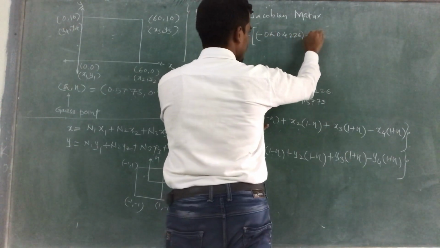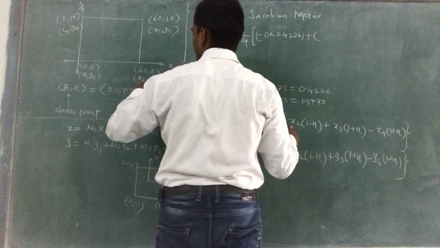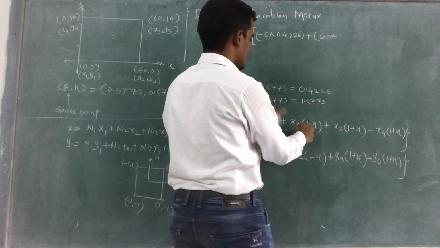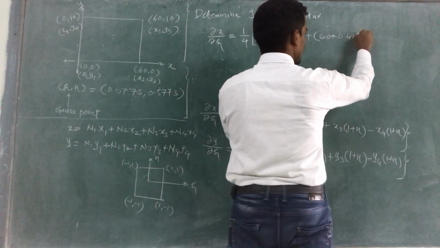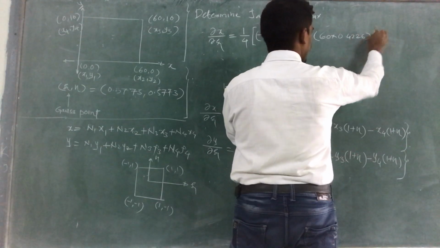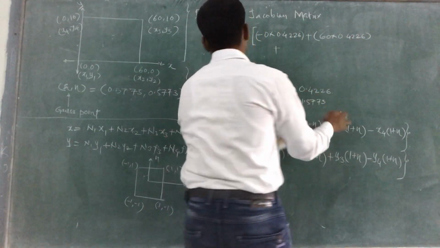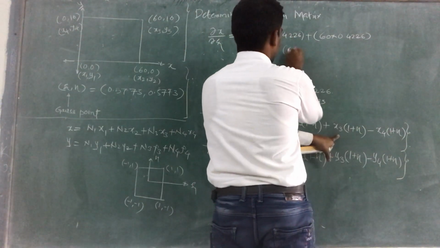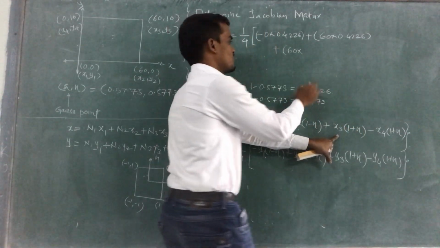This is your first one. Then second, plus x2. x2 is equal to 60. 60 into (1 − η), where (1 − η) is 0.4226. Then plus third, x3 is equal to 60. So 60 into (1 + η), where (1 + η) is equal to 1.57.